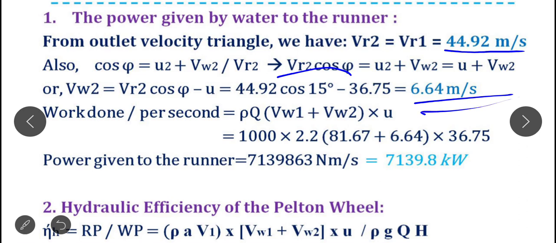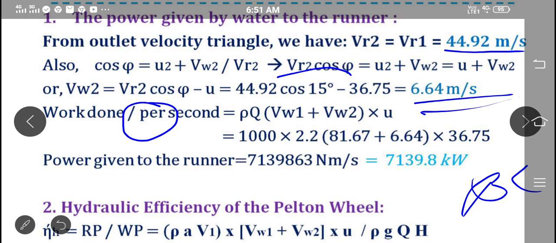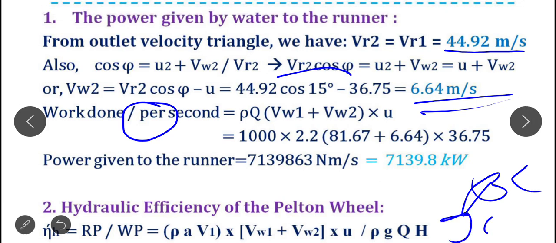Work done per second, here by oversight it is printed as slash and per second. It is work done per second, that's all. It is equal to rho Q (VW1 plus VW2) multiplied by U, because beta is less than 90 degrees.